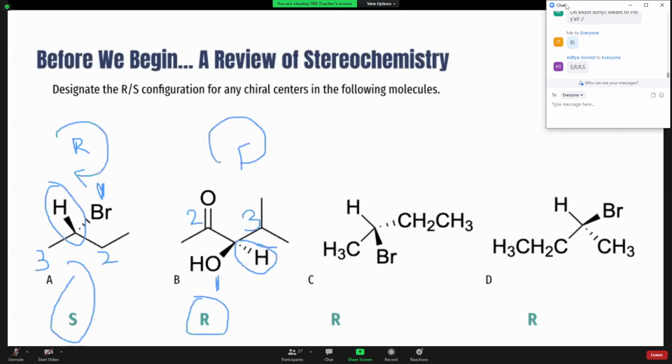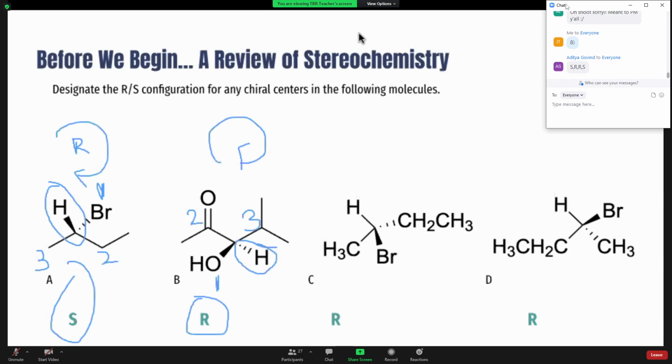And I look at whether it is next to group 1 or opposite of group 1. And in this case, group 1 is bromine. So if it is opposite of the first group, the highest priority group, then you'll first find the configuration, assign it a configuration, and reverse the configuration.